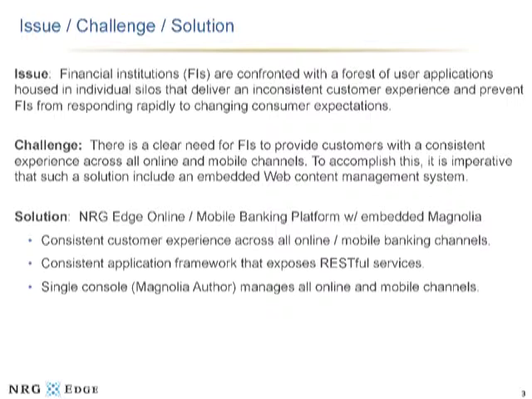So there's a clear need to integrate these solutions, if you will, have one common framework that exposes the services that each one of these channels, if you will, can use. And that also provides you a consistent and holistic approach to managing that content across all these multi-channels. And that's what Magnolia absolutely does for us.